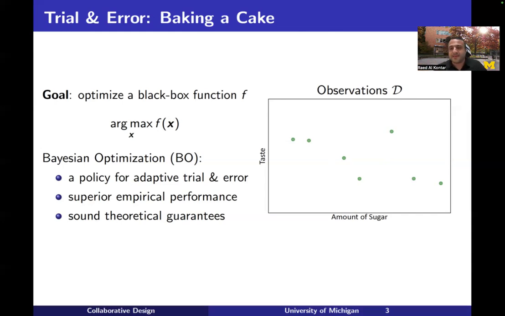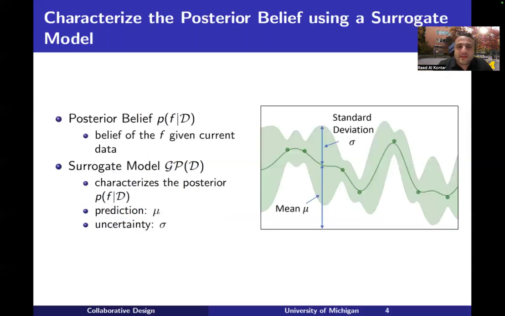You bake the cake with different sugar levels, okay? And then you build what we call a posterior belief. And really, this posterior belief is where the word Bayesian came in, okay? So based on the few observations that you have, you build a posterior belief. This is the probability of f given D, the data that you have.